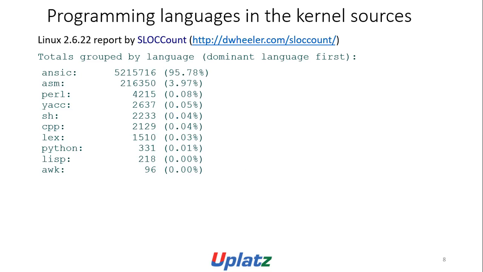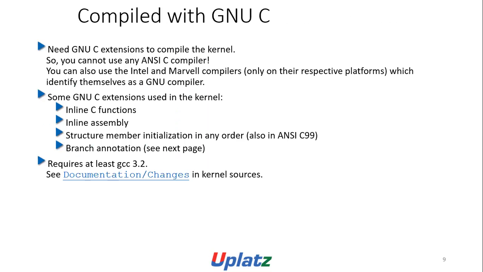Programming languages in the kernel sources: C 95.78%, assembly 3.9%, Perl 0.08%, yacc 0.03%, shell 0.04%, C++ 0.04%, lex 0.03%, Python 0.01%, Lisp almost 0%, and a small percentage of others. The kernel is compiled with GNU C, and needs GNU C extensions to compile, so you cannot use any ANSI compilers.